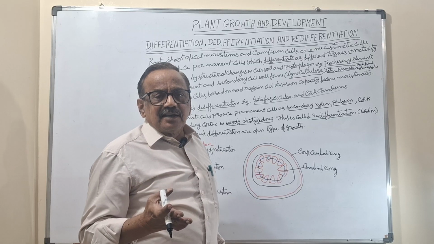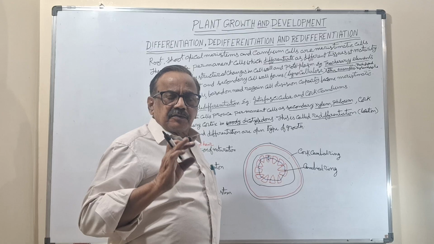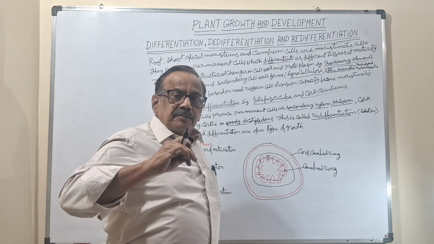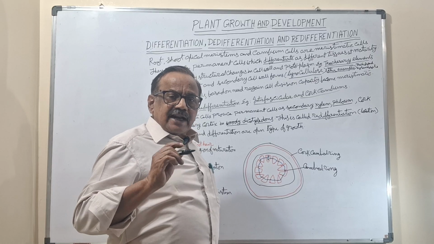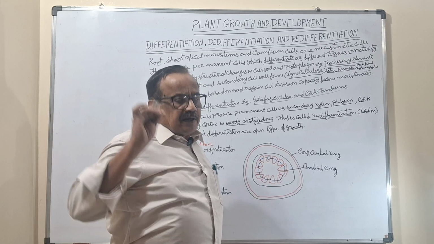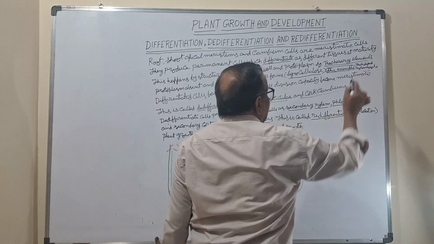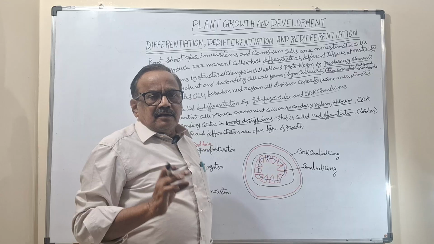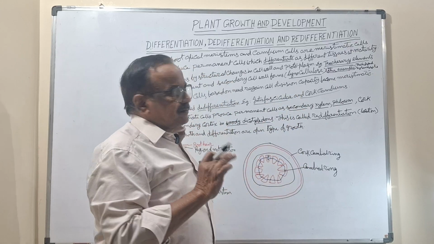Tracheary element is nothing but xylem. Xylem is called the tracheary element. In that, four kinds of cells are present: tracheids, trachea, xylem parenchyma, and xylem fiber. That is a different one. Whatever the tracheids and xylem vessels together are called tracheary elements. Remember it.